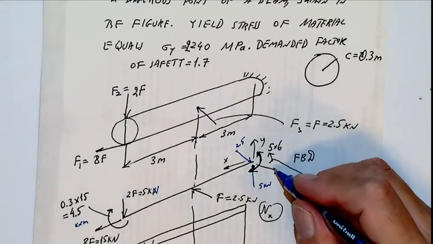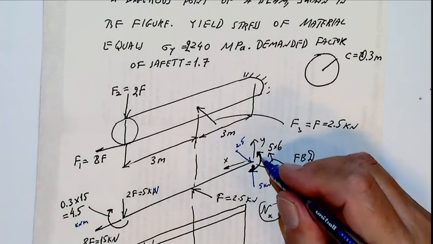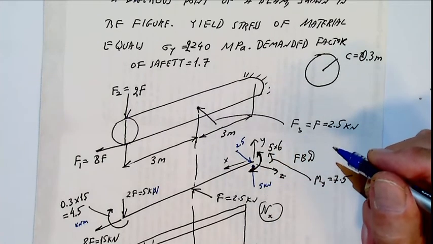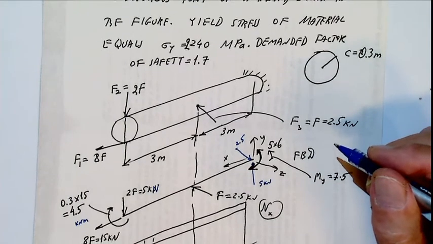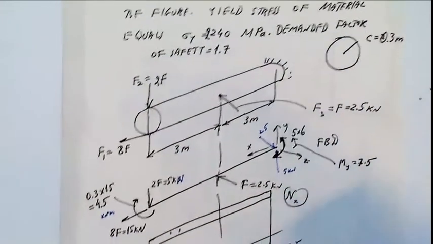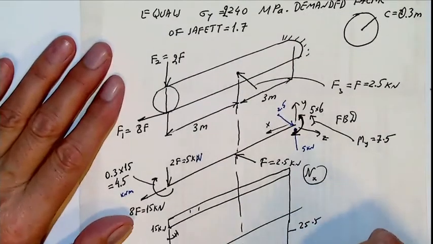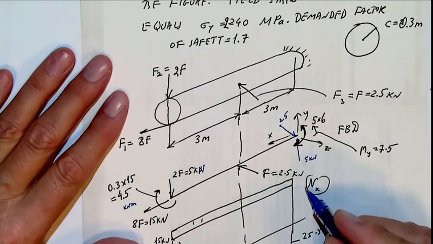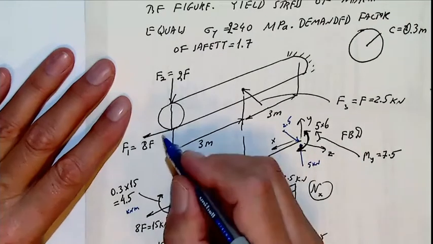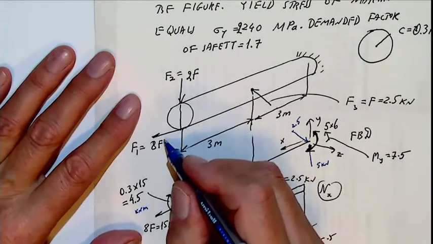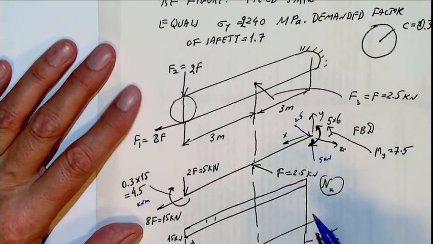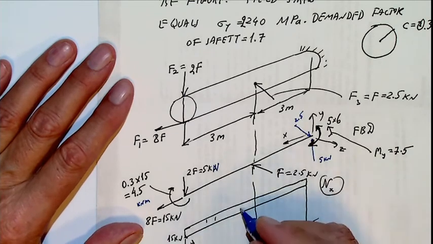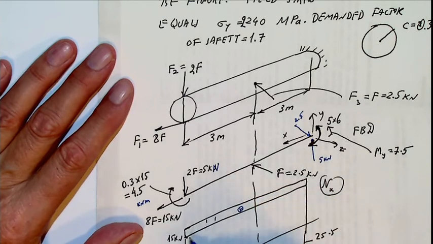And then, of course, there is a bending moment, Mz. Okay, we will get this Mz. So I'm depicting diagrams. That is Nx, the axial force. Because there is this force in the axis direction, there is this diagram of axial forces, which is extension, so that is plus, and that is 15. 8F equals 15 kilonewtons.